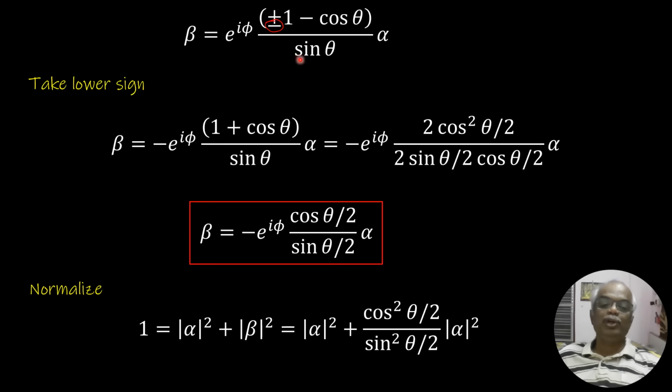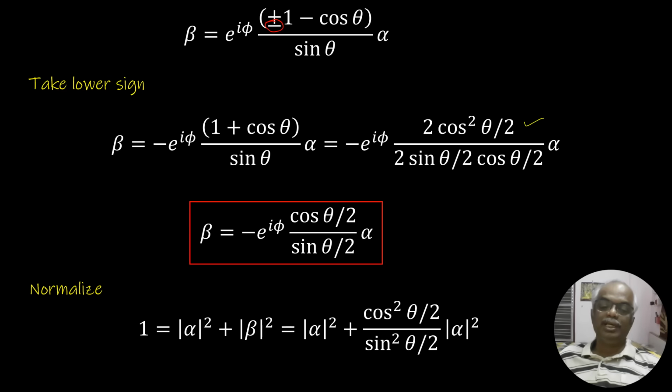So the numerator will become minus 1 minus cos theta. You take minus outside, then this will become 1 plus cos theta. Now, from the trigonometry relation, 1 plus cos theta is equal to 2 cos squared theta over 2.